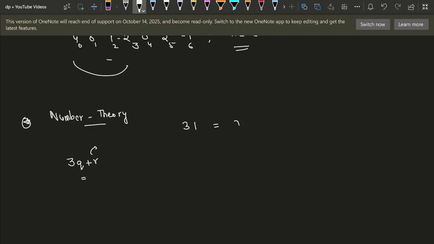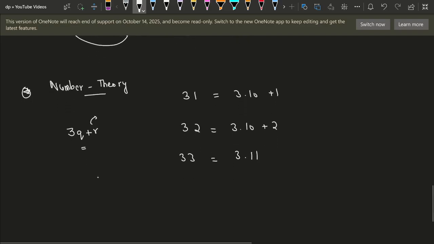So 31 can be written as 3 into 10 plus 1. And 32 can be written as 3 into 10 plus 2. 33 can be written as 3 into 11. And number theory states that any number can be represented as 3q plus r, where r is in the range of 0 to 2, right? It's always going to be in this range.